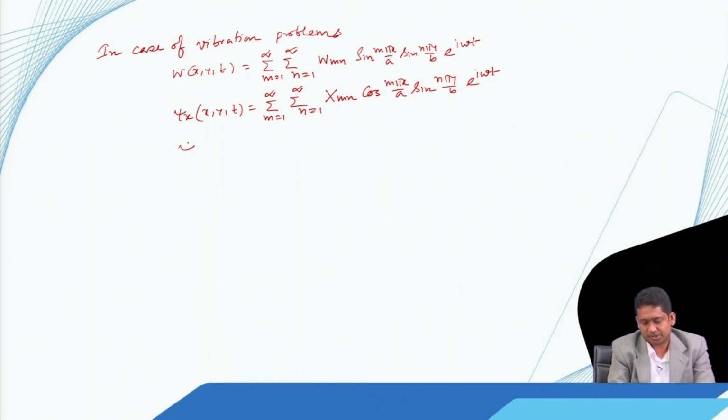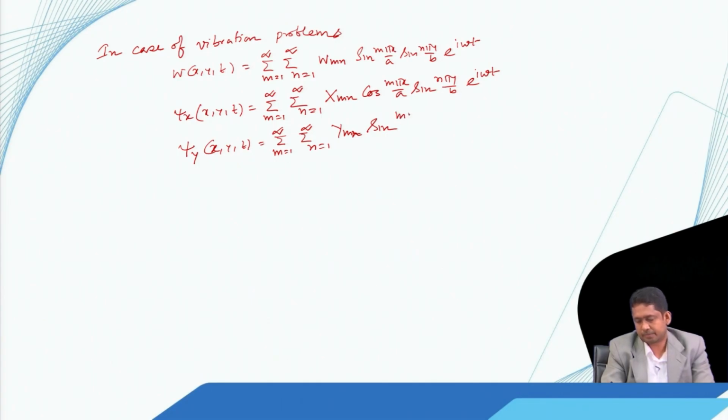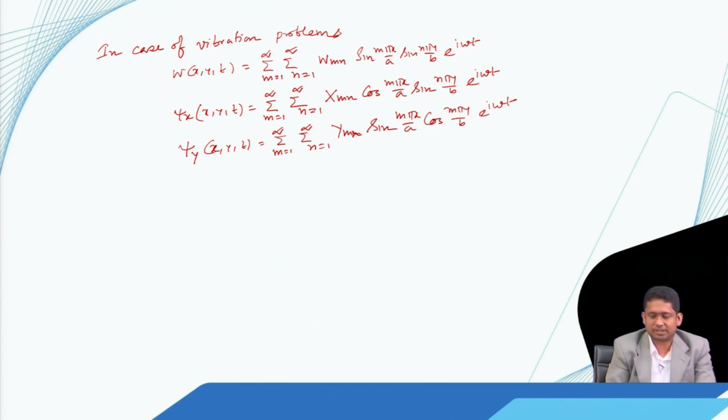And then we write psi y of x y t as the sum over n equal to 1 to infinity, m equal to 1 to infinity, Y m n sine m pi x by a cosine n pi y by b e to the power i omega t.